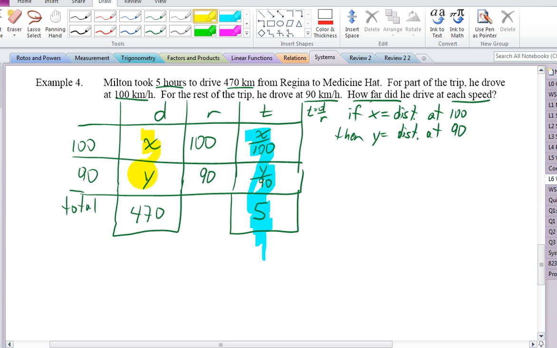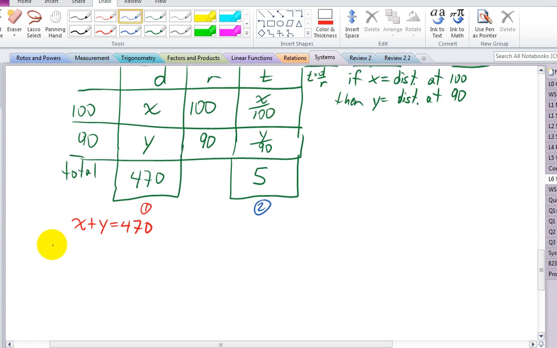Do you have an X and a Y in this line? Yes. So those are your two equations. Let's make this one equation 1: X plus Y equals 470. And equation 2. It's a little bit harder, but we're going to change it right away: X divided by 100 plus Y divided by 90 equals 5.